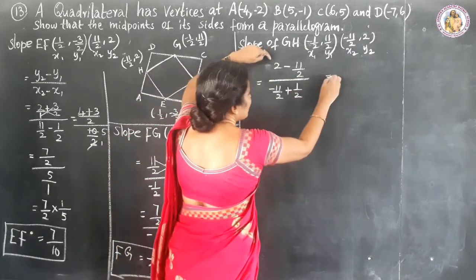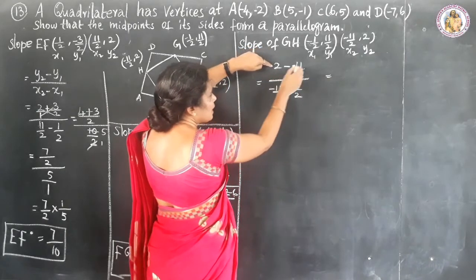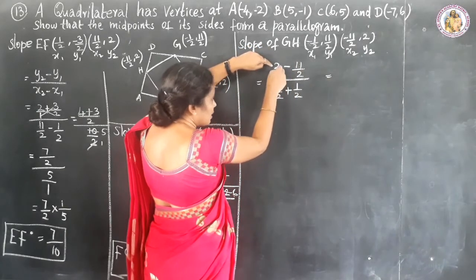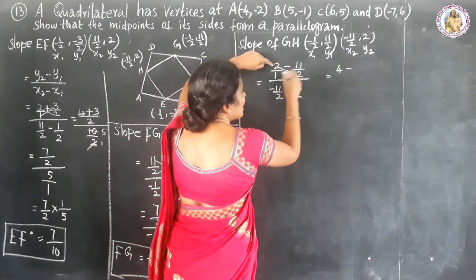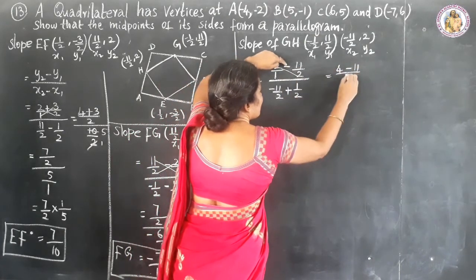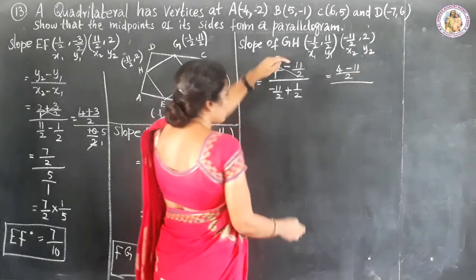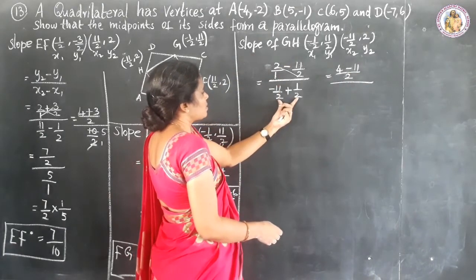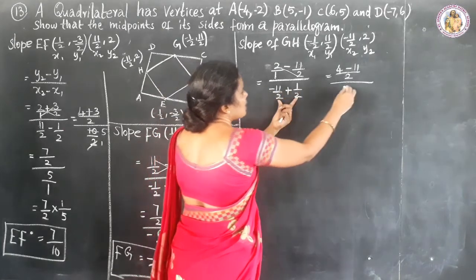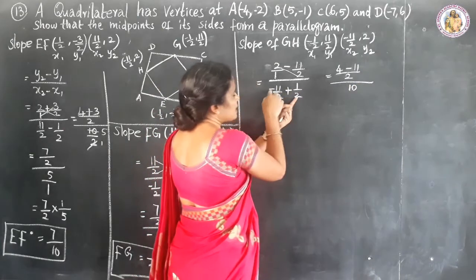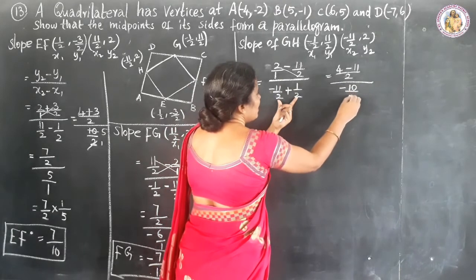Okay, and now in the next step, here 2 is a whole number and 11 is a fraction number. So this one, cross multiply: 2 twos are 4 minus 1 elevens are 11, by 2, divided by, here the denominators are common. So minus 11 plus 1, 11 minus 1 is 10, and 11 is greater, so minus 10 by 2.